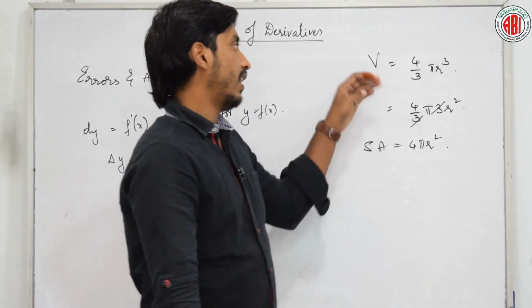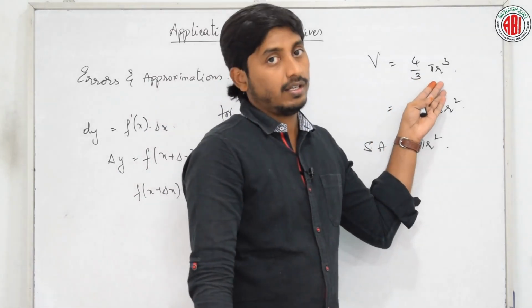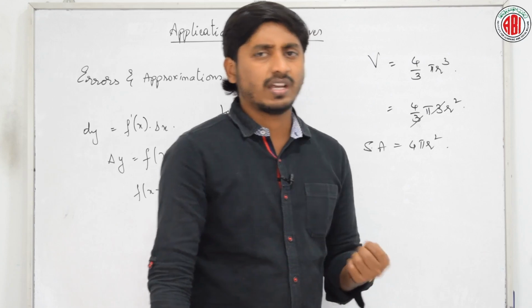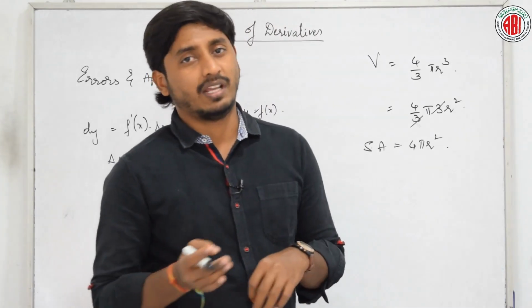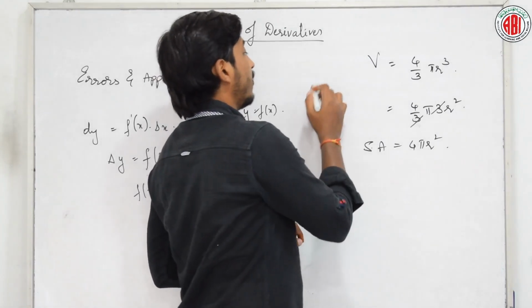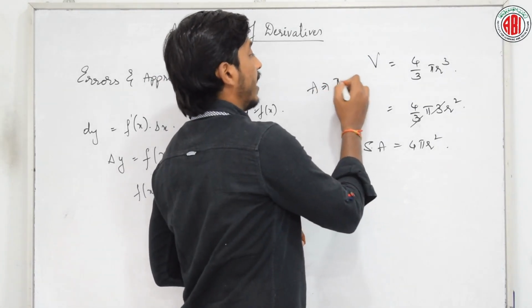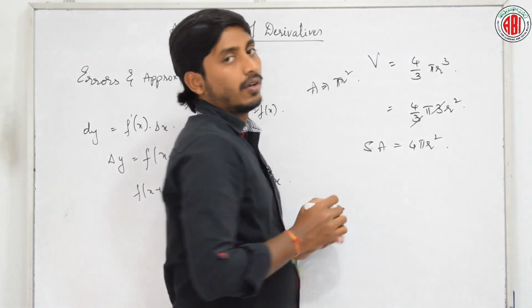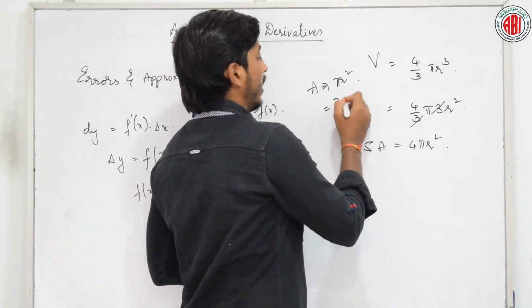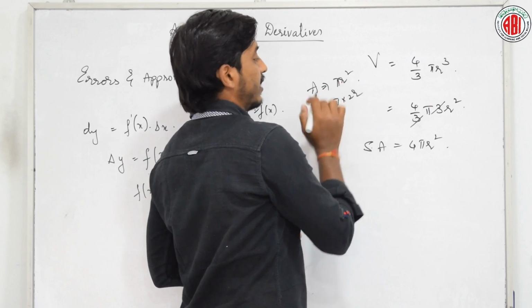Once again, if this is the volume of a sphere, then if I differentiate it, I will get the surface area. And not only that, whatever parameter you take, or else let us take one more parameter, the area of a circle, pi r square. Differentiate it, what will it become? It will be pi into 2r, since the differentiation of r square is 2r.